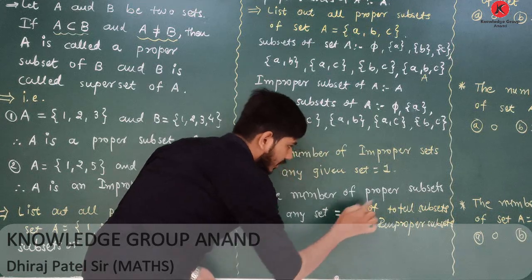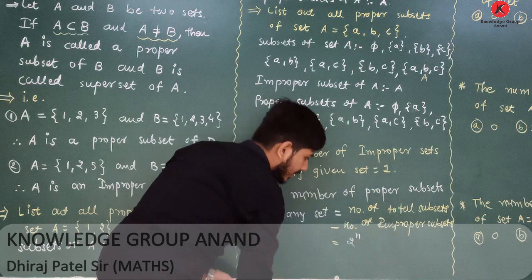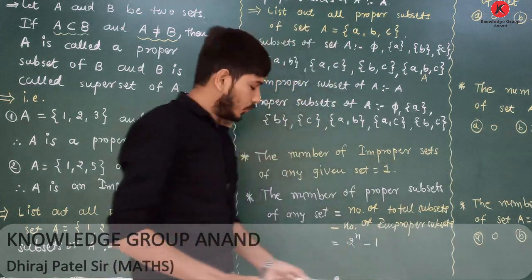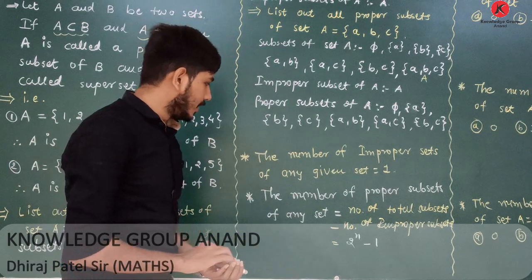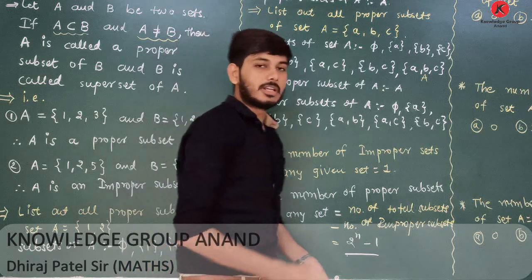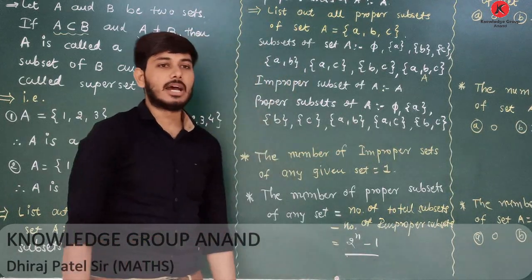We know that the total number of subsets is 2 raised to n, and the number of improper subsets is 1. Therefore, the formula for obtaining the number of proper subsets is 2 raised to n minus 1.